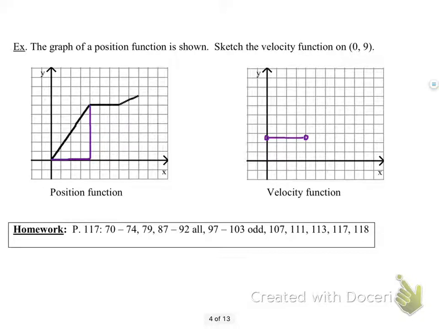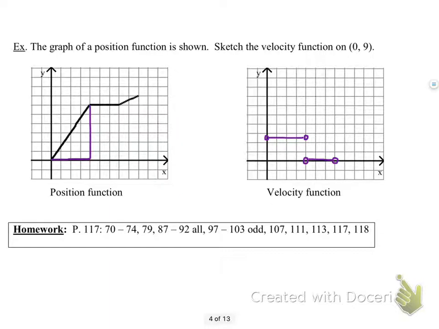From 4 to 7, our velocity is 0. Okay, the next one, from 7 to 9, our slope is 1/2.